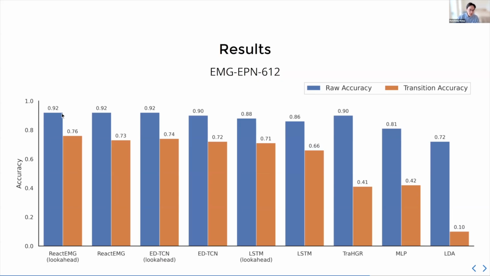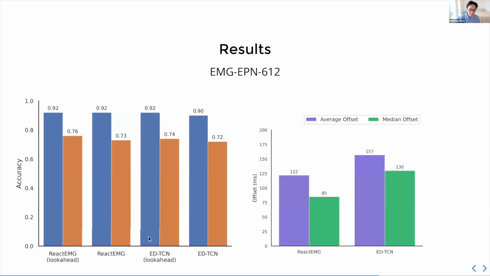Across the models that we test and the baselines in the literature currently, we're the best state-of-the-art gesture recognition model out there. And if you compare our model with the closest competitor, which is the TCN, you see here we're actually much faster than the TCN. So we have lower latency, and this is latency in milliseconds, the average and the median latency. So we're not only more accurate, but we're also faster.